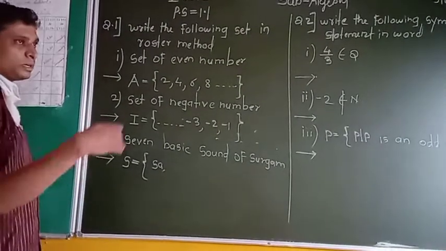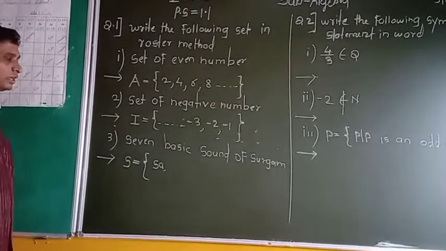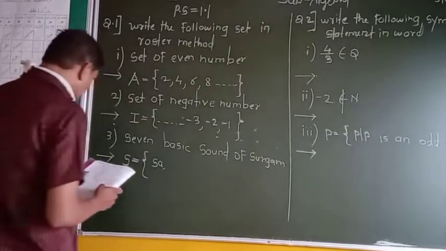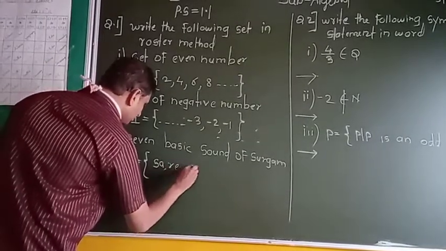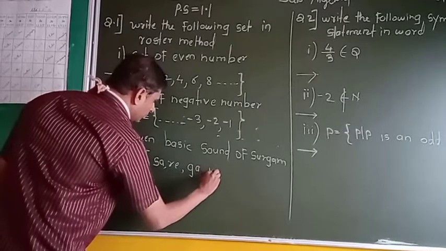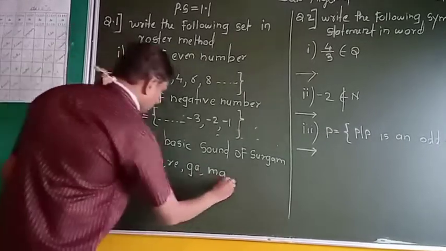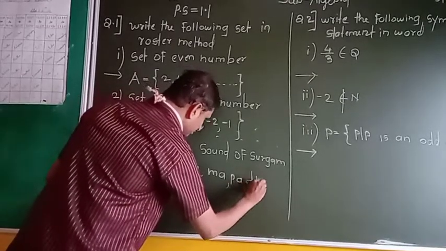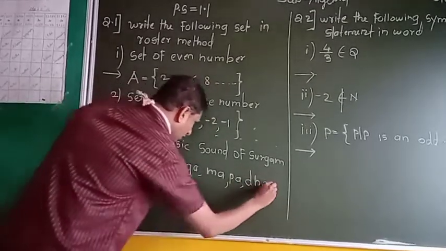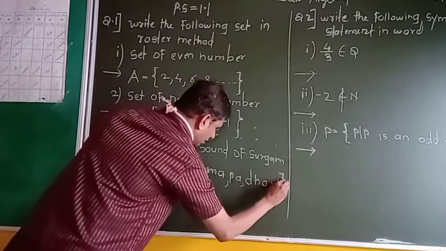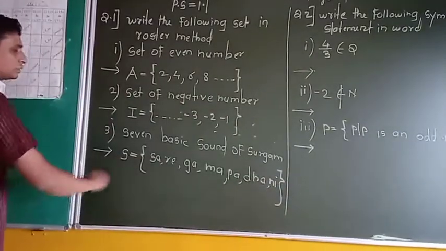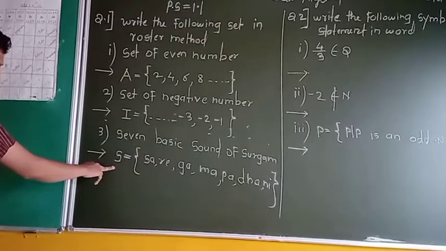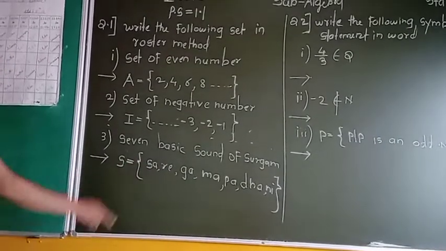The 7 basic sounds are sa, re, ga, ma, pa, dha and ni. We have to write them in roster form. So S is equal to, in curly brackets, sa, re, ga, ma, pa, dha, ni. One by one you write them using commas in curly brackets, with the set name S and their elements. These are the elements.